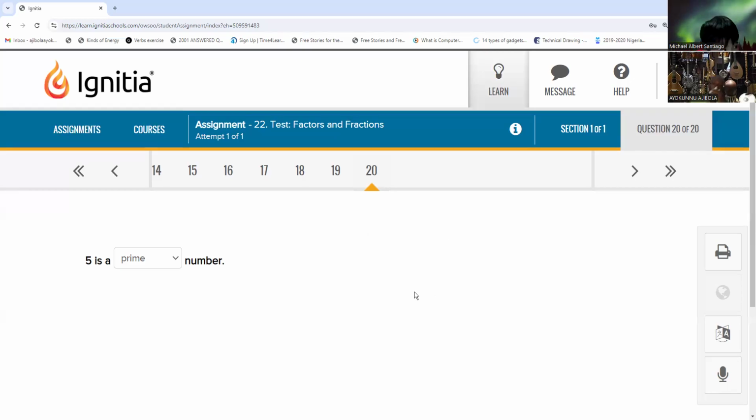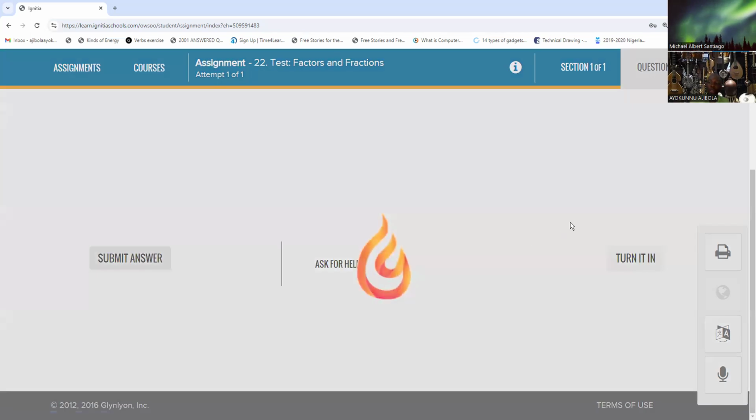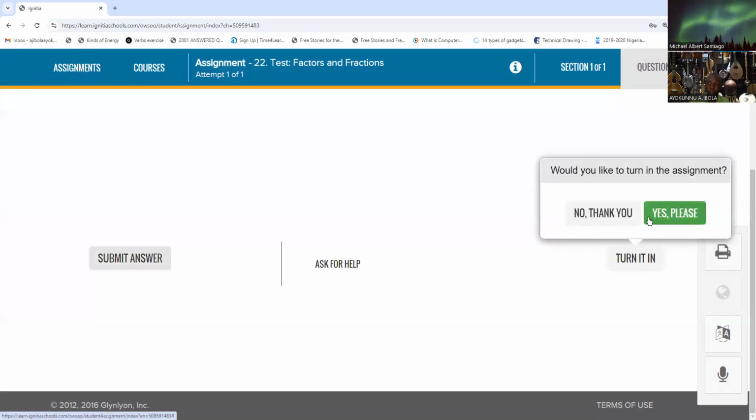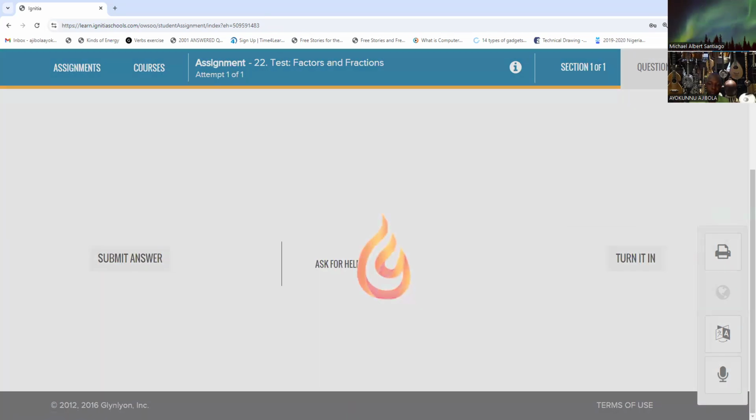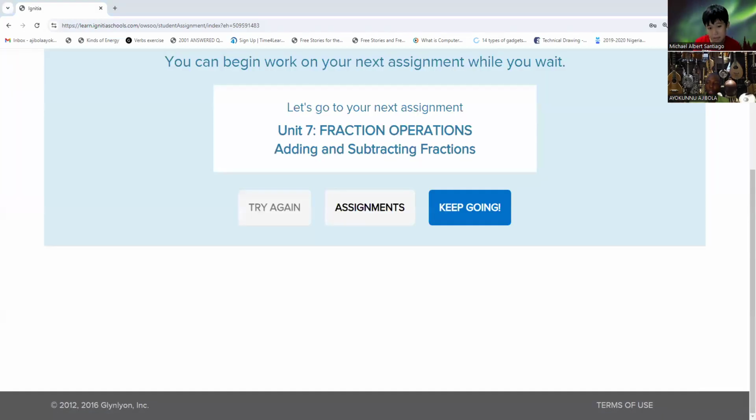So you need to review everything we have done, both on the measurements and also on fractions, okay? On all of the measurement stuff that we did before, if you still remember them, we measure temperature, right?